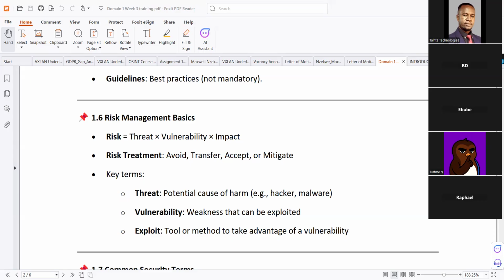These are risks. Of course, I've mentioned unpatched software, which is also a risk. Weak passwords are a risk. Not having multi-factor authentication is a risk.